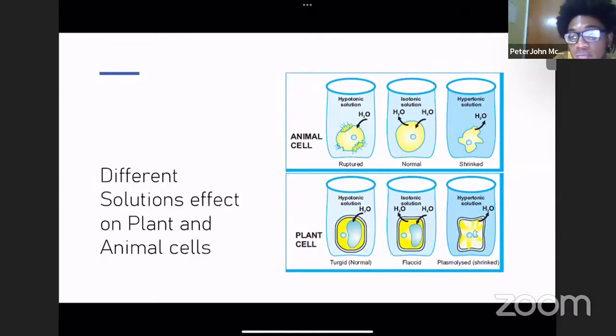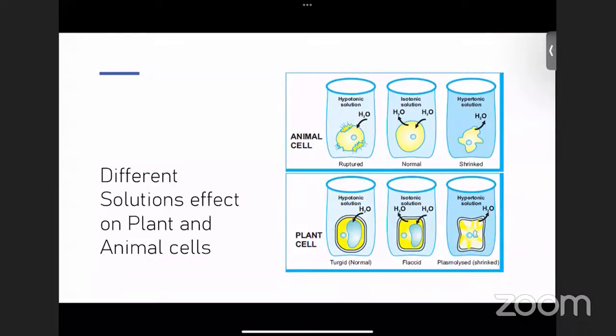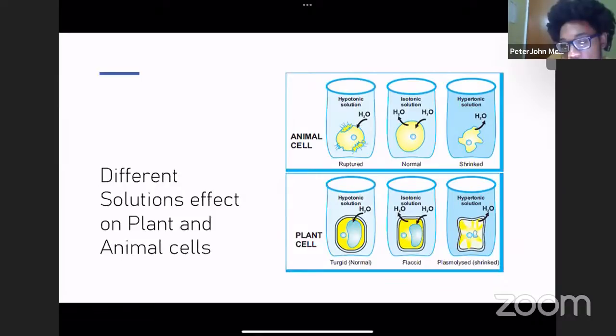Could Brianna describe to me what's going on for the hypertonic solution with the plant cell? On the outside of the cell, the solution is hypertonic, and inside it's hypotonic. Because it wants the overall solution to become isotonic, it releases water, and so that's why it becomes shriveled. So why is it shriveled? Because it's releasing water.